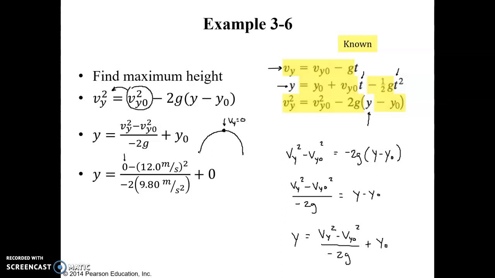That's how much vertical velocity it has to begin with, 12 meters per second. Minus 2 times gravity is 9.8. And the initial y position, we are saying that the level ground has a height of 0. So it started at 0. So that becomes 0 right there. So we plug that into our calculator, and we should find that the highest point of this ball's trajectory is 7.35 meters.